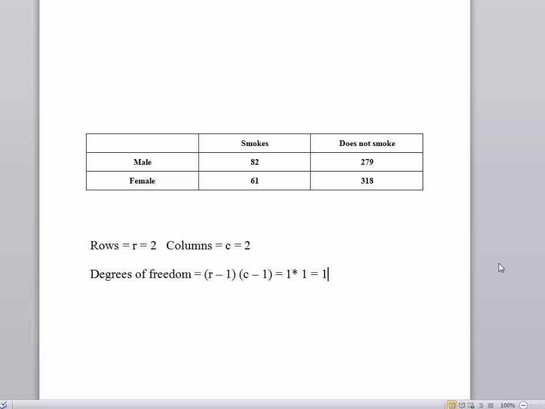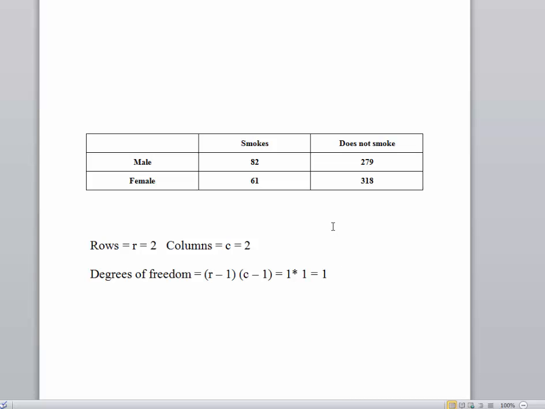So if we had a table like this, and we're doing a chi-square test for independence, we've got 2 rows, 2 columns, a standard 2x2 table. Degrees of freedom is going to be r-1 times c-1, which is 1 times 1, which we all know is 1.